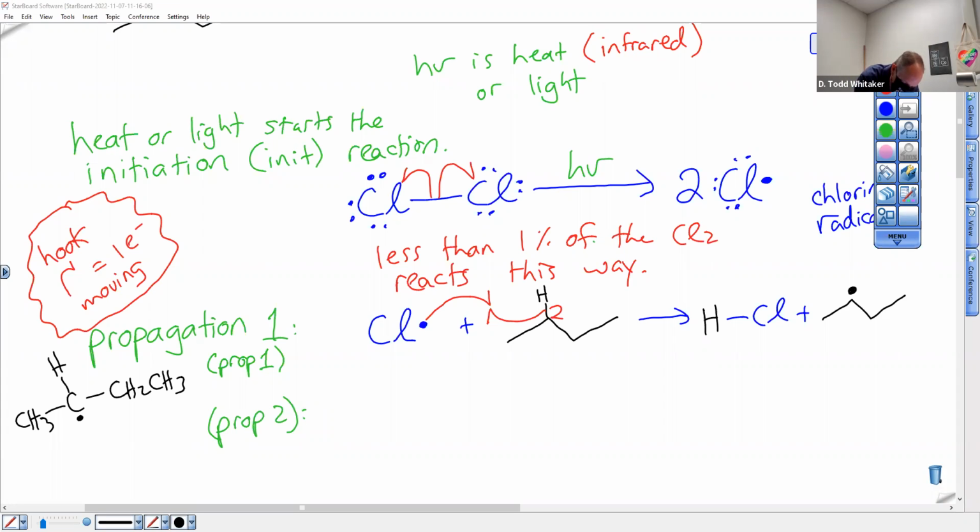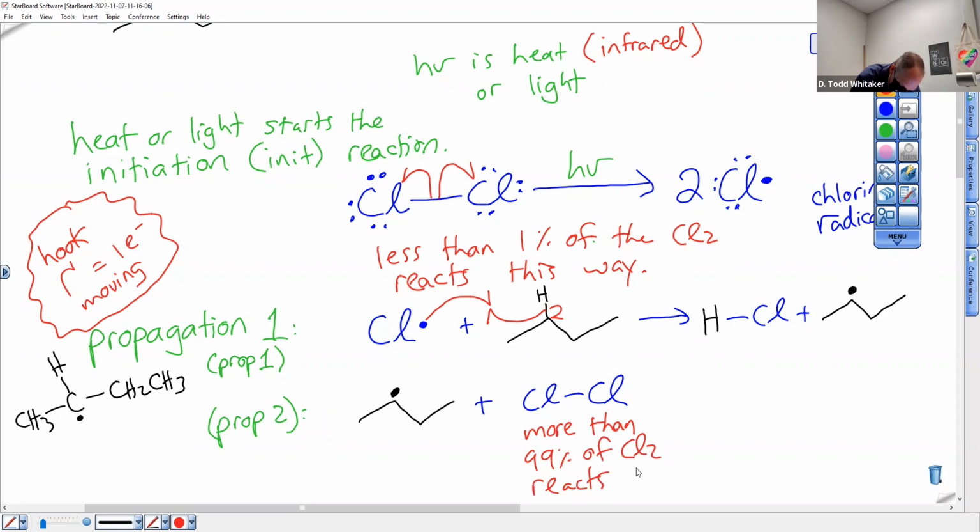So we got this carbon radical, and we got Cl2. And more than 99% are going to react this way. And it's another hookup.